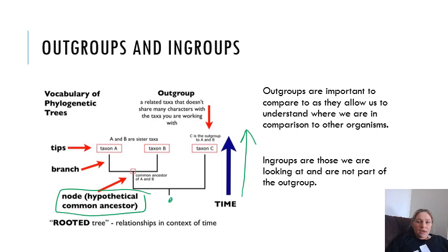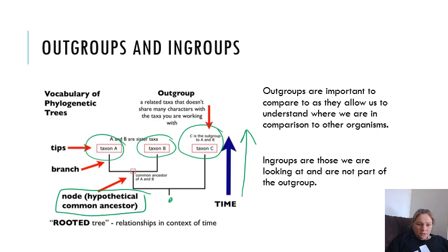Outgroups are important. The outgroups are the branches with the different names of the organisms or the different indicators. They are important to compare as they allow us to understand where we are in comparison to other organisms. In-groups are those we're looking at that are not part of outgroups.